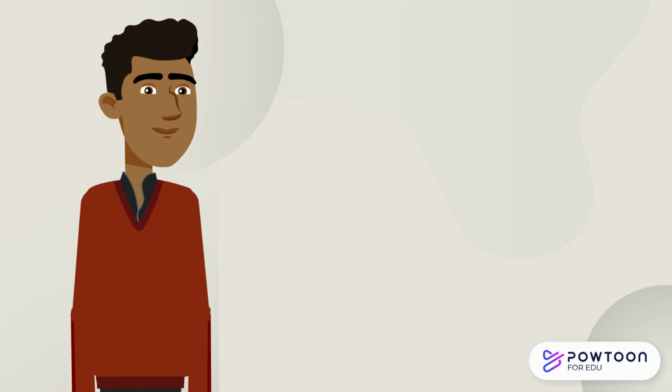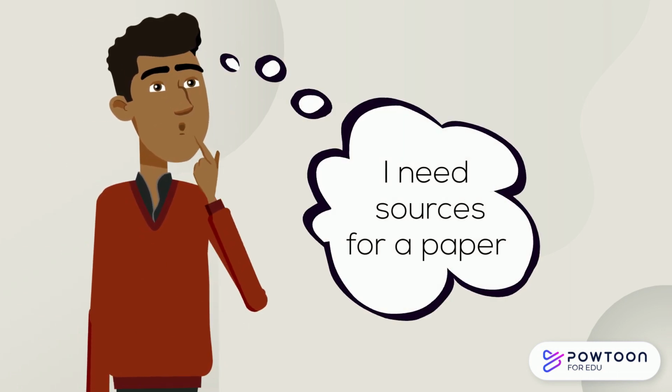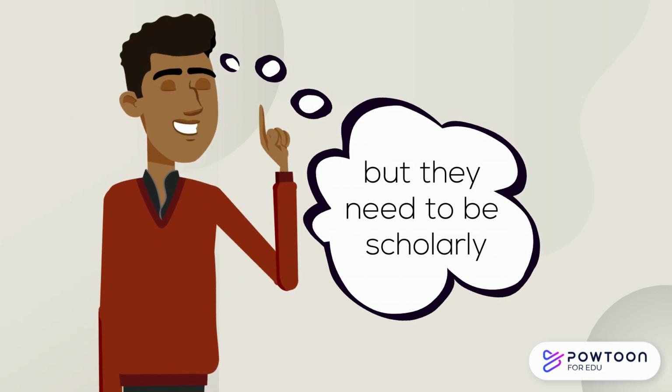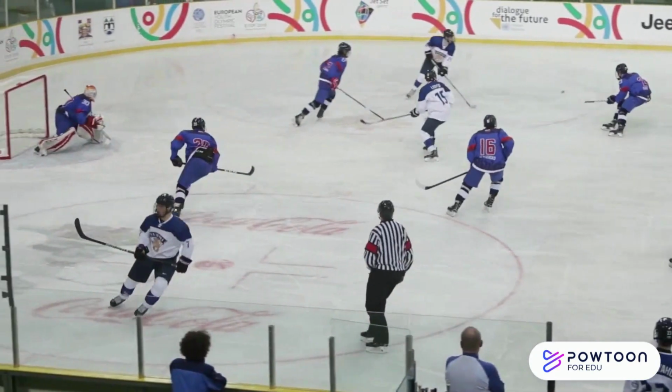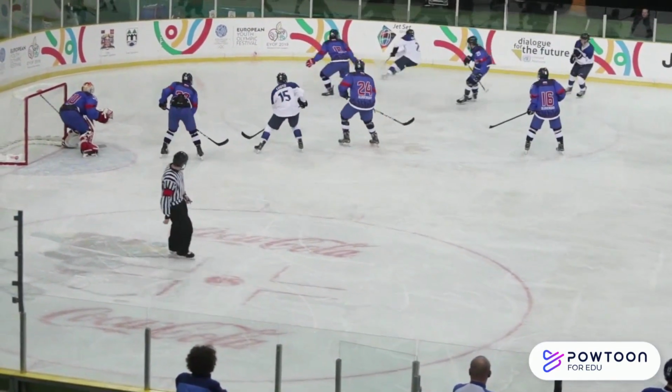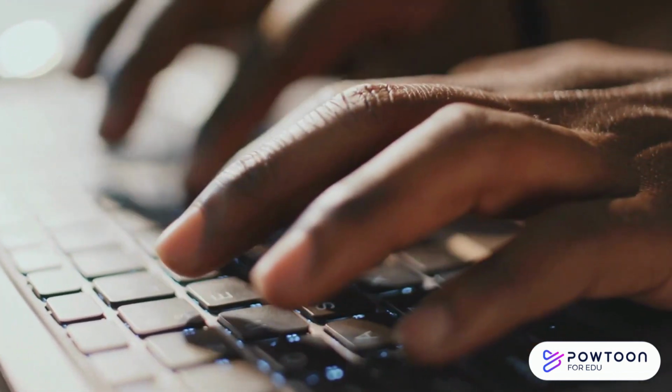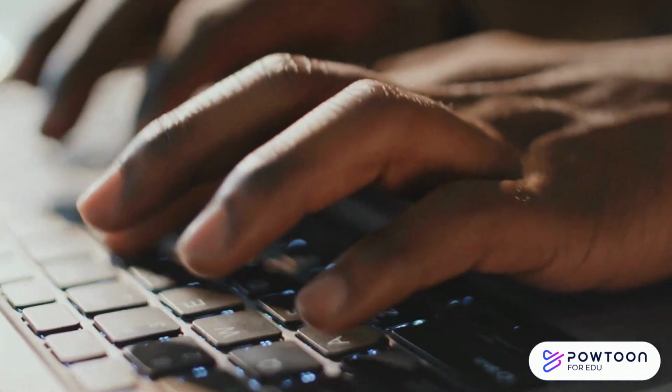In our second situation, Robert needs to write a paper, but the professor stated they can only use sources that are peer-reviewed scholarly journal articles published within the last 5 years. Robert has decided to write about hockey, and since last time they searched, they were more successful in Google, they decide to start there.